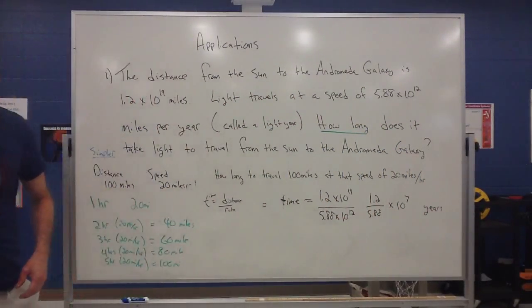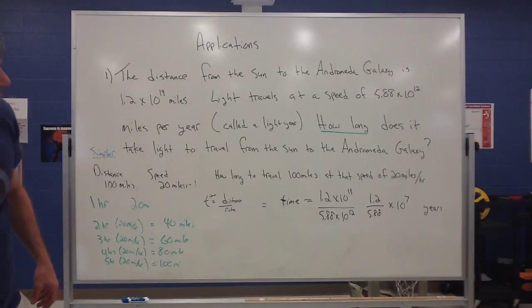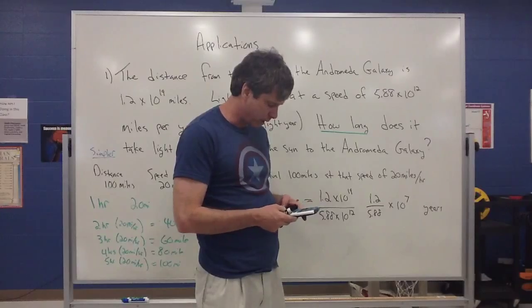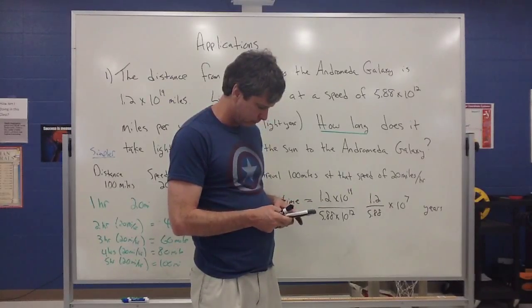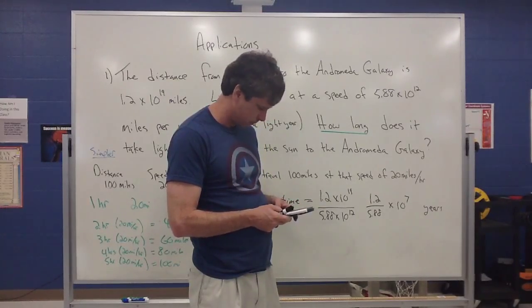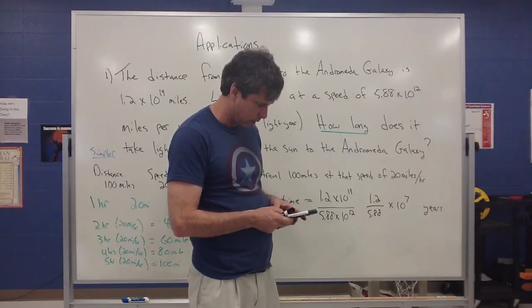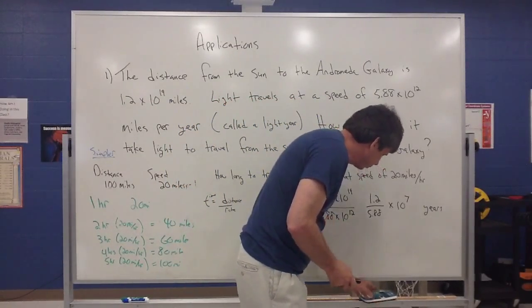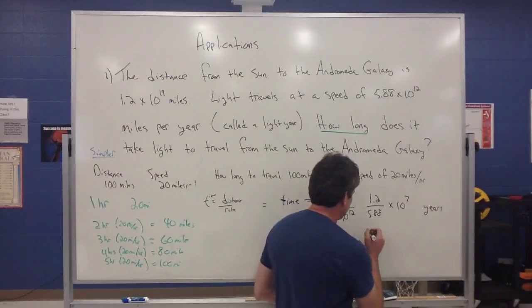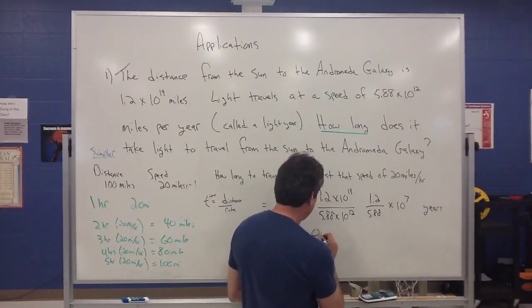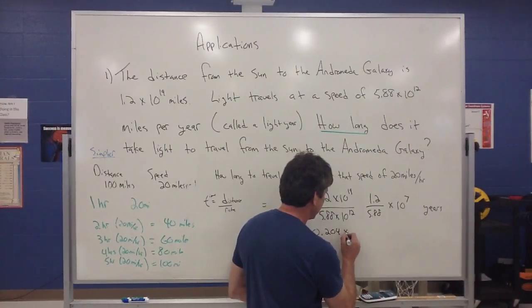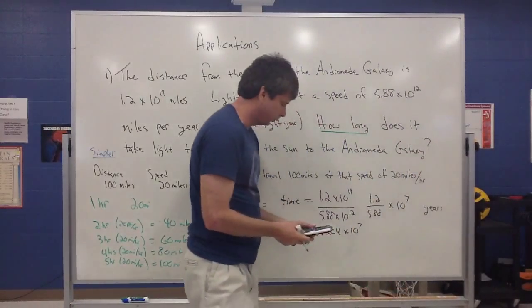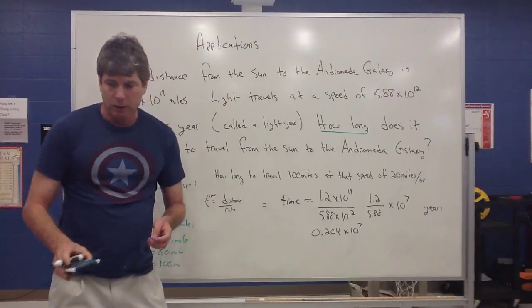So I can pick up a calculator and divide 1.2 by 5.88. And that's going to have to be estimated. I'm going to round this to 3 decimal places. So that's going to be 0.204 times 10 to the 7th. So that's what I have.